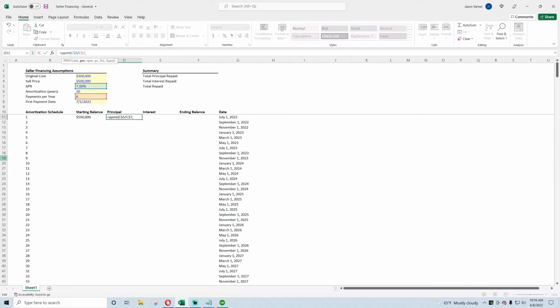The period number, I believe we just do this. The number of periods is going to be total years times payments per year. Present value negative, and then that would be the starting sell price.